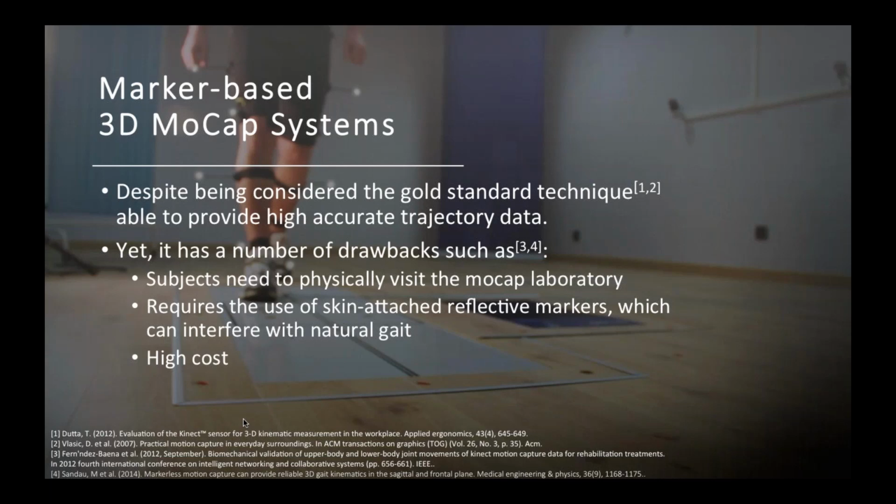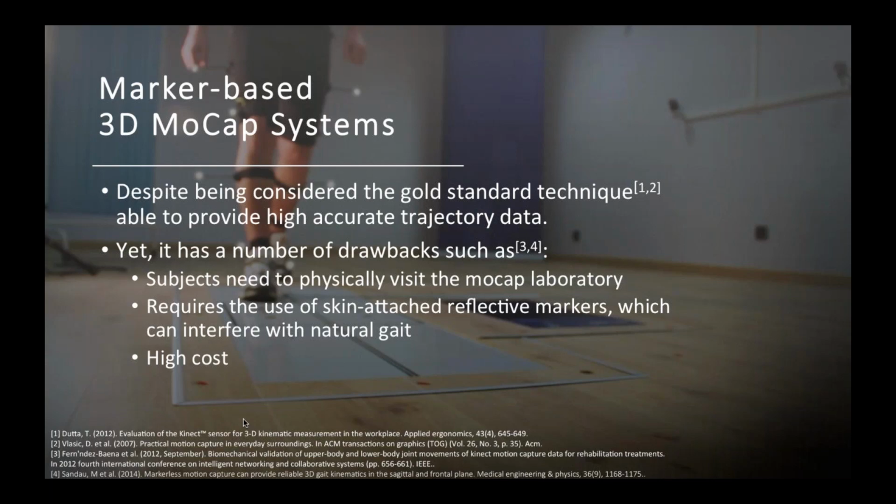For example, if we talk about evaluating those patients frequently, those patients need to physically visit the gait lab for assessment. Also, those traditional camera-based motion capture systems require skin-attached reflective markers, which, especially with those populations, can interfere with their natural gait, and of course, there is the high cost involved.